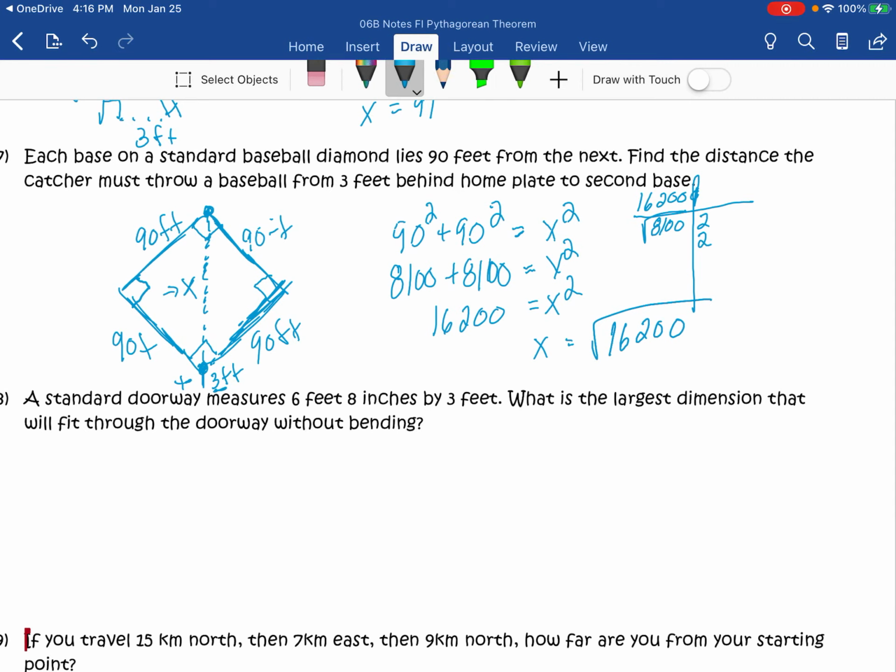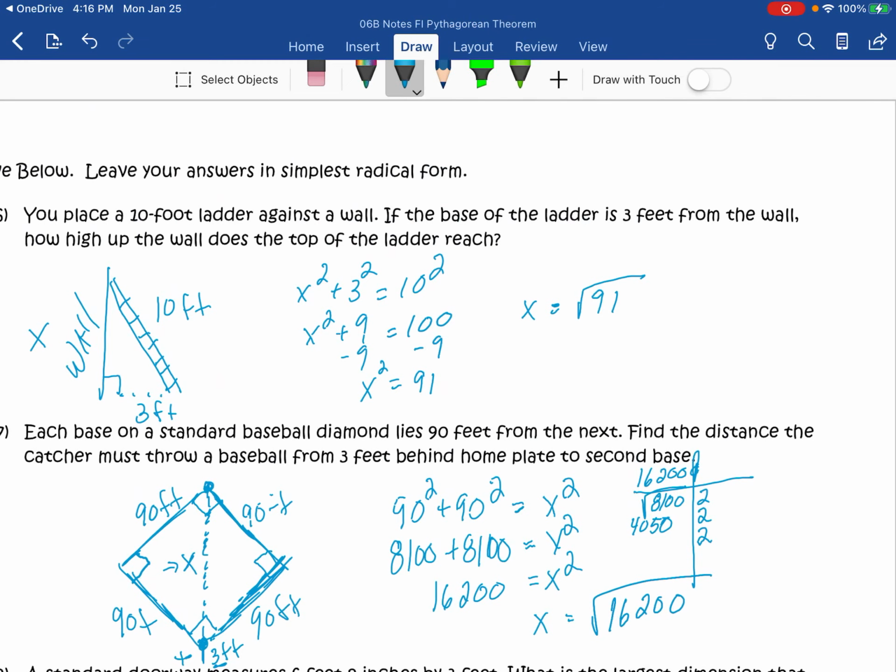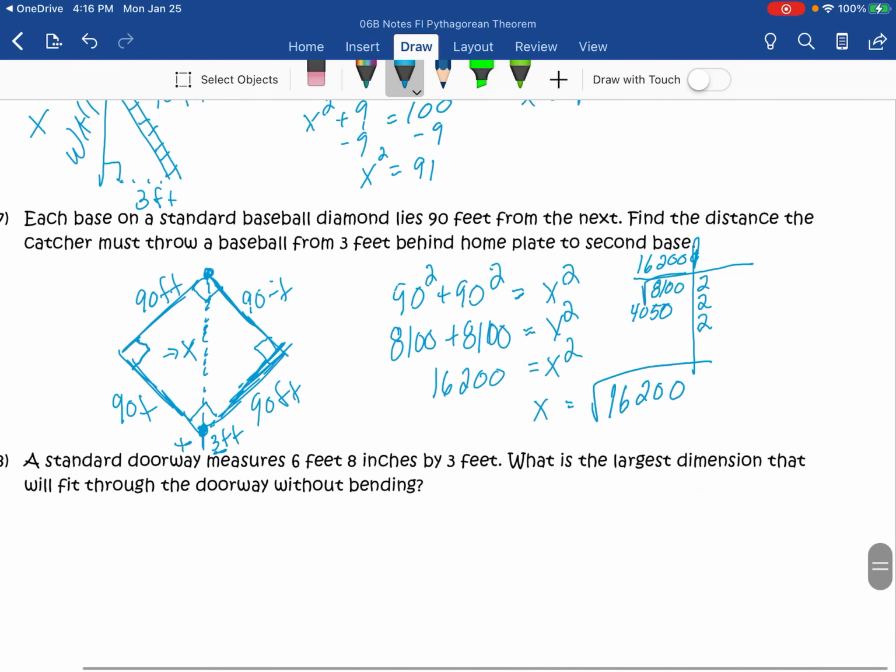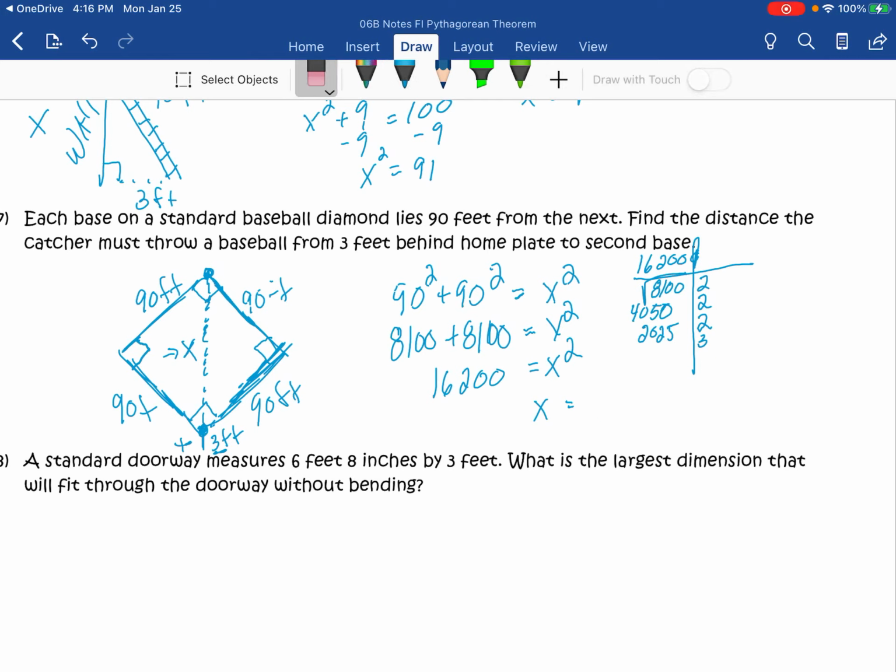But if you don't know that, you take 8,100, divide that by 2, and it's 4050. Divide that by 2, it's 2025. Take that, divide it by 3.